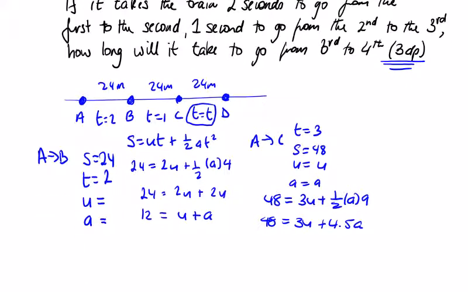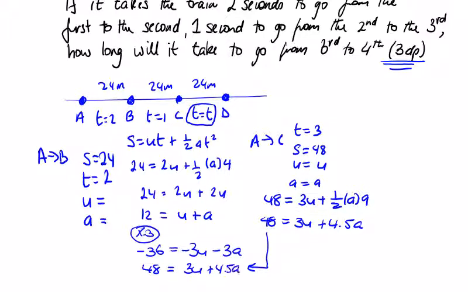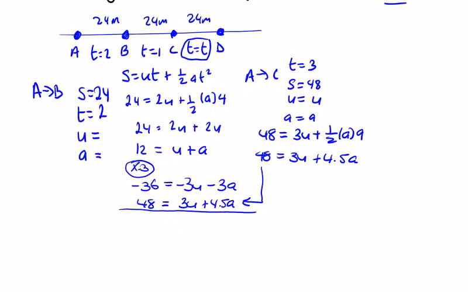Okay, well if I multiply this one by minus 3, I can get rid of my U's, so minus 36 is equal to minus 3U minus 3A. Bringing this one across, we're going to get 48 is equal to 3U plus 4.5A. Solving for A, we're going to get 12 is equal to 1.5A.